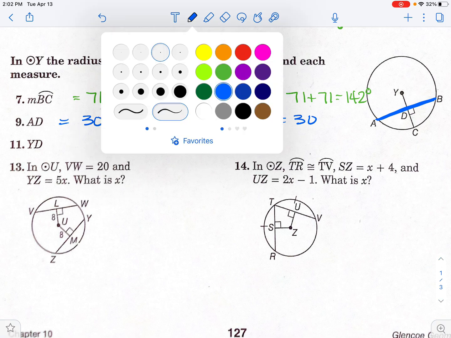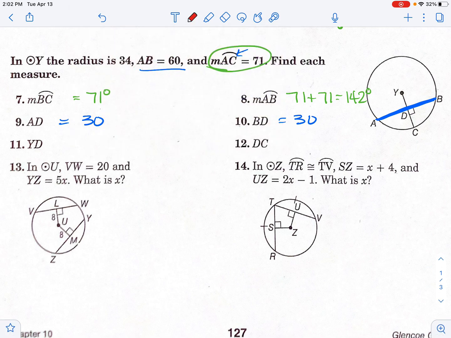Now, how am I going to find YD? If AD is 30, I can drop a line from Y to A because it says the radius is 34. That means I have a right triangle here that can give me the distance.